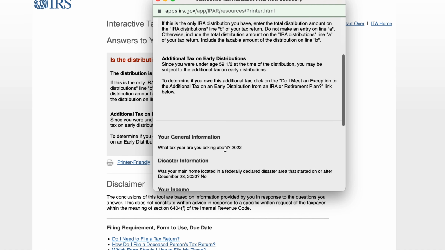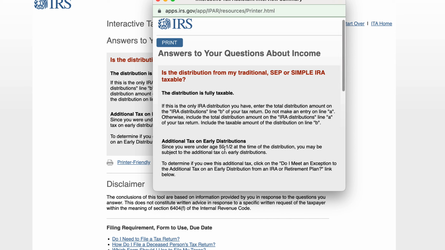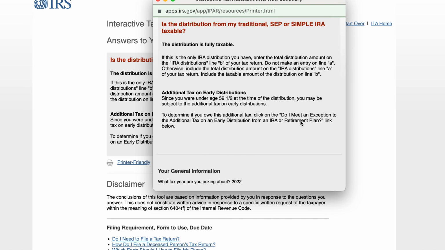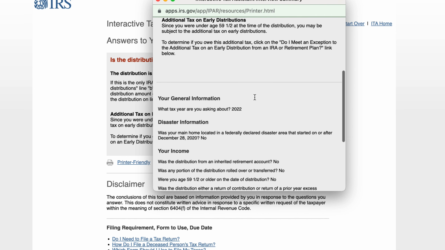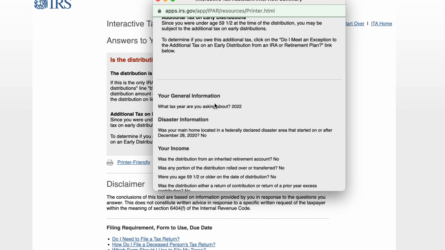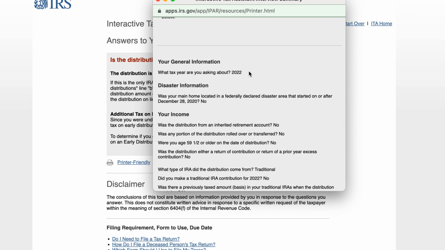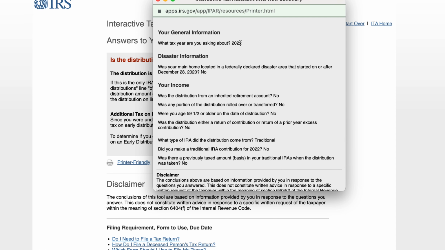So the best practice that I would recommend is that for any time you use an interactive tax assistant tool, you print out the answers to your questions. So here's the verbiage that it had on the tax form, but then you're specifically answering IRS questions about your situation. So you can look at this and say, oh, I meant to put in a different tax year, or wait, I did have basis because I found this IRS form 8606 in my tax records.